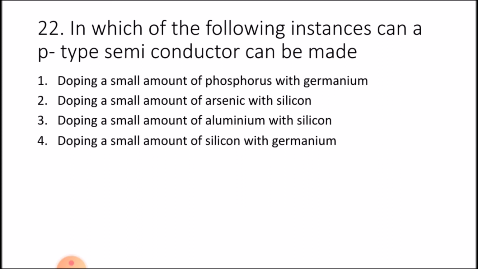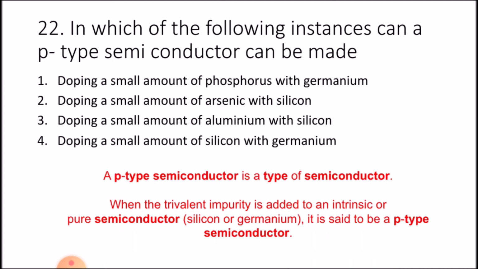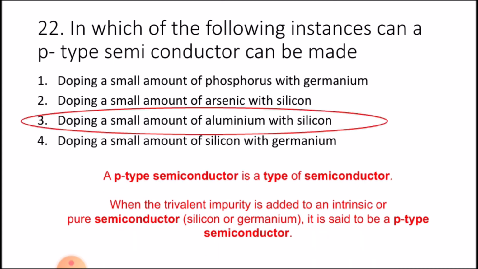So doping of phosphorus and arsenic makes n-type semiconductors, and silicon and germanium are involved in constructing semiconductors, therefore they are not the dopants. Aluminium belongs to group 3, and group 3 elements are used to make p-type semiconductors, therefore the third one is the answer.